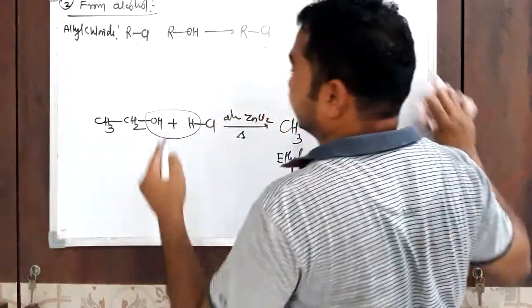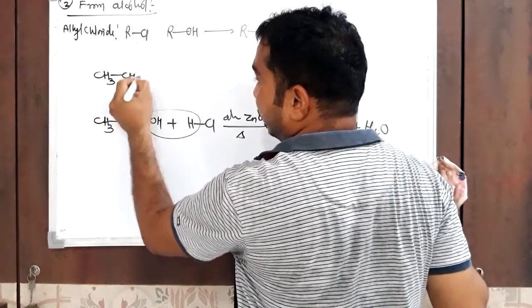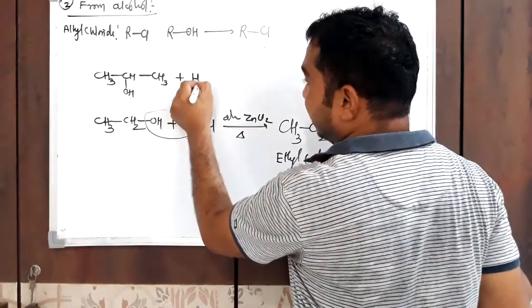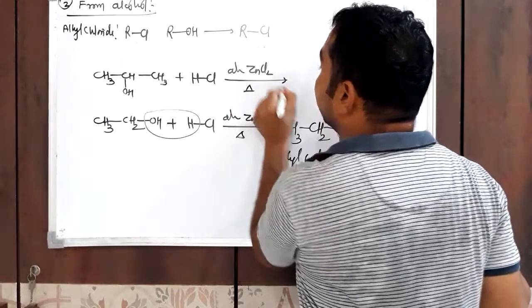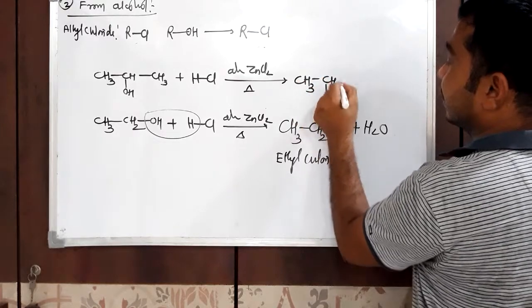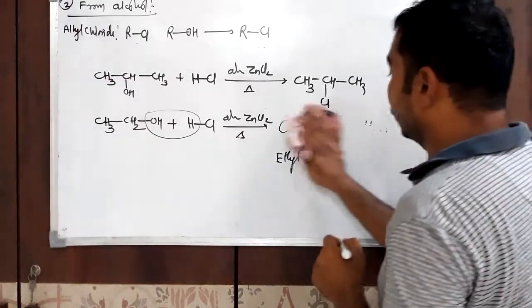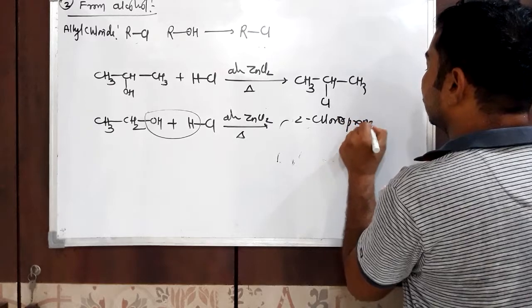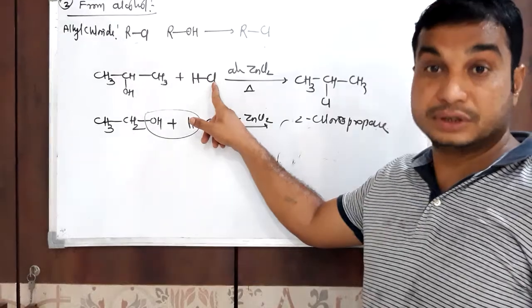One more example: take 2-propanol. Here also Lucas reagent, hydrochloric acid, anhydrous zinc chloride and heat, then it will give CH3CHClCH3, 2-chloropropane. Only the OH group is replaced by the halogen atom Cl.